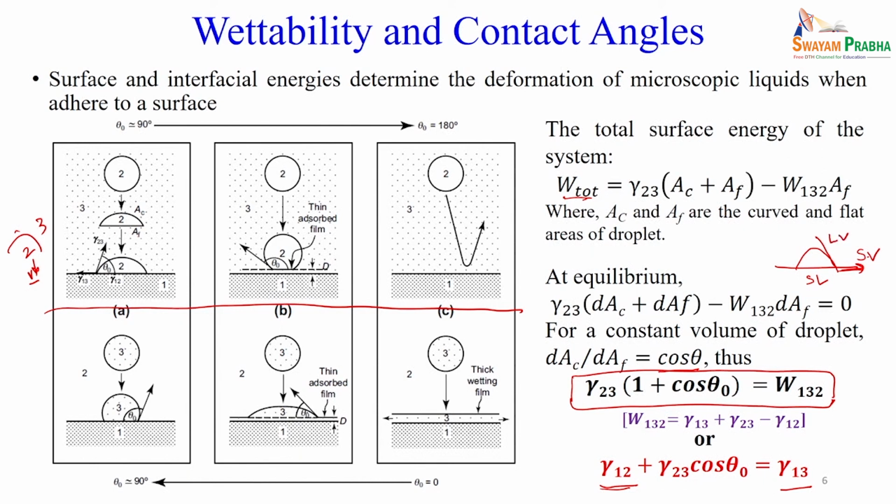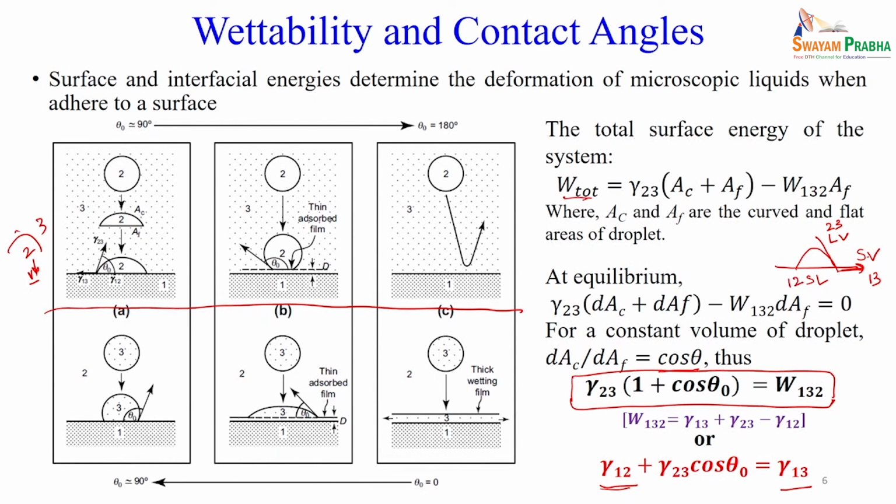So, what we observed was gamma solid vapor, the solid vapor will be here 1 and 3, equal to gamma liquid vapor, 2 and 3, and gamma solid liquid is here, 1 and 2.